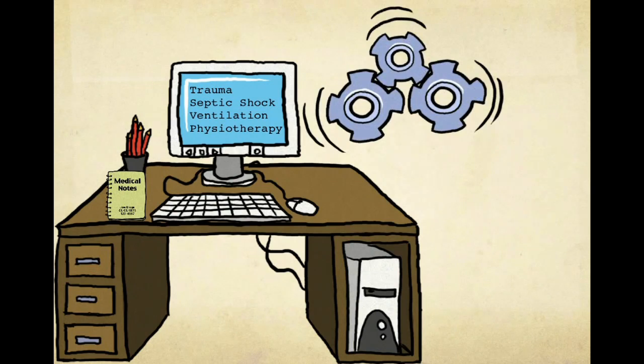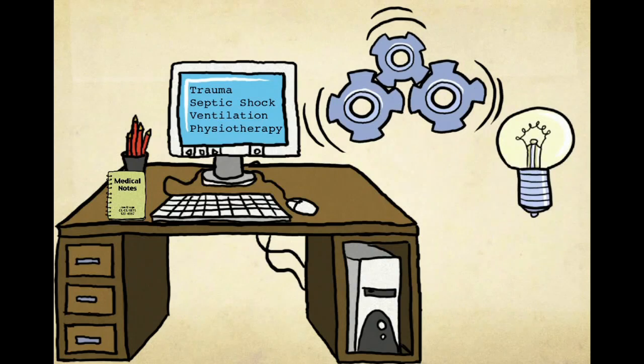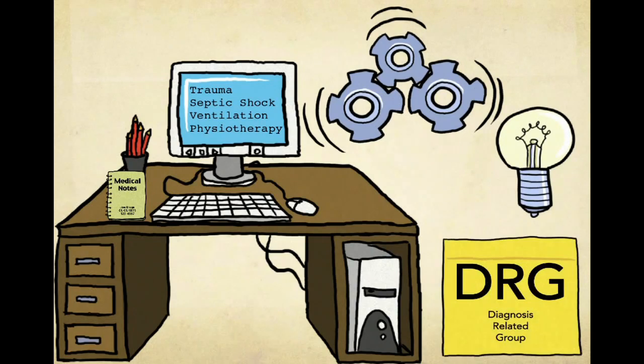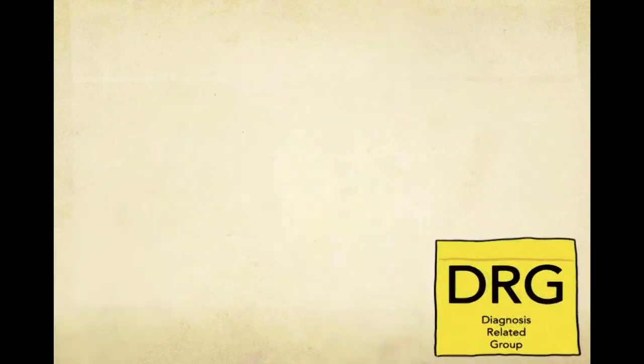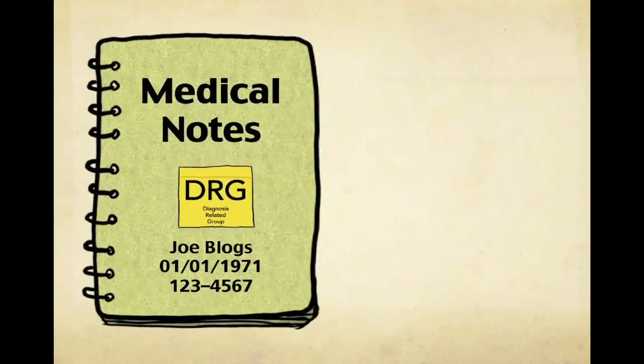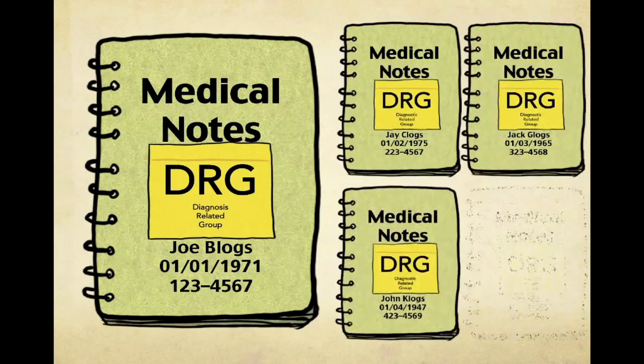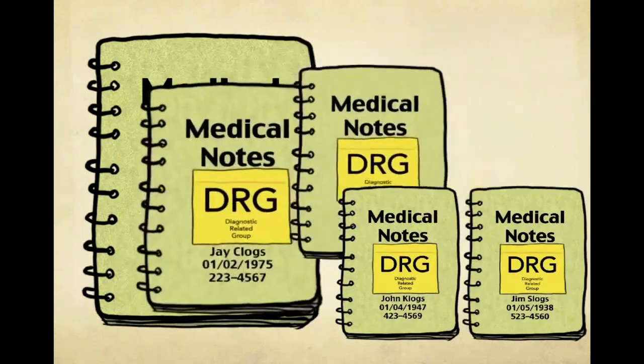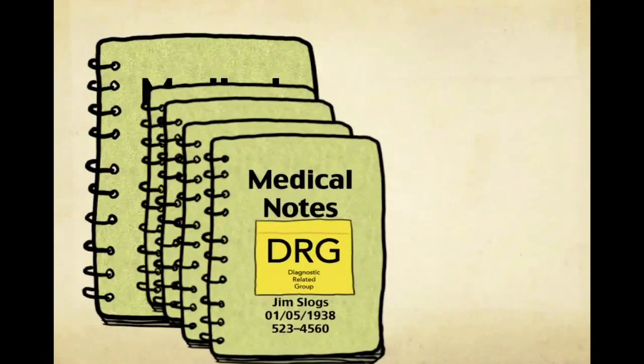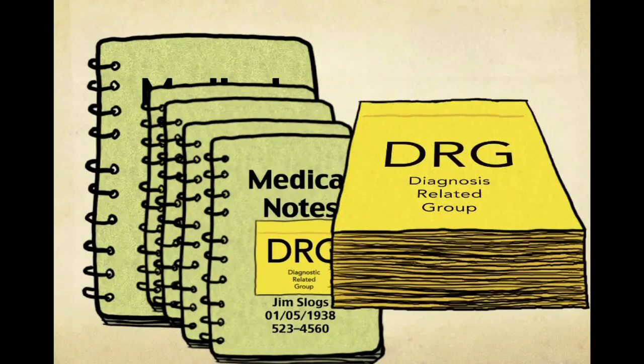Once processed, we're given a diagnosis-related group, or DRG, and a coding sheet is created for that patient's admission. That coding sheet is attached to the electronic medical record, and by combining the data from all available medical records, we can collate all the DRG data together.